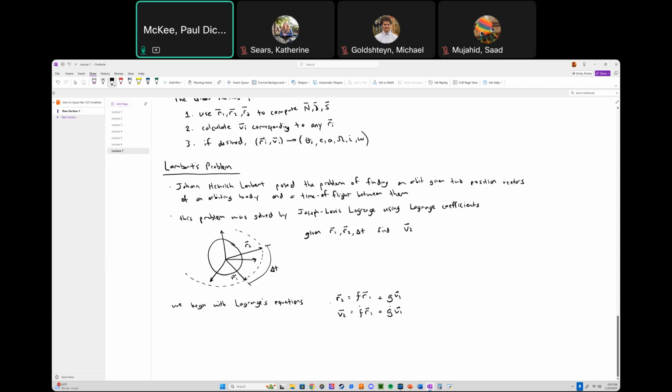Well, here we're saying that some linear combination of the first position and the first velocity gives you the second position, because they're going to be in a plane together, and some linear combination of the first position and the first velocity gives you the second velocity, where these magical numbers f, g, f dot, and g dot, which it's really tempting to call functions because there's a dot here, are Lagrange coefficients. These are scalars.